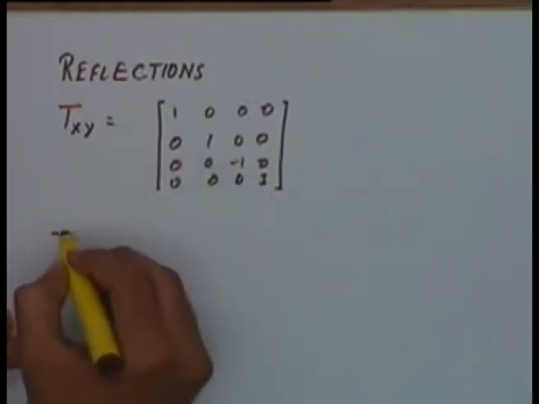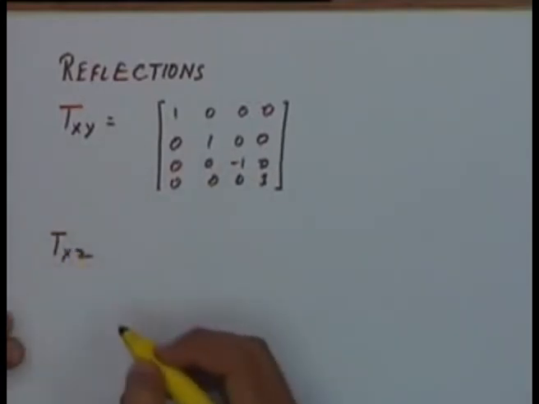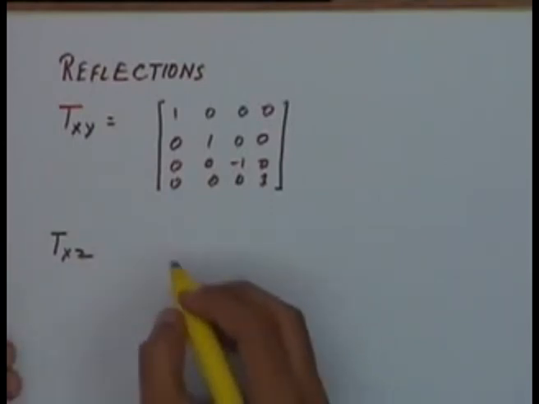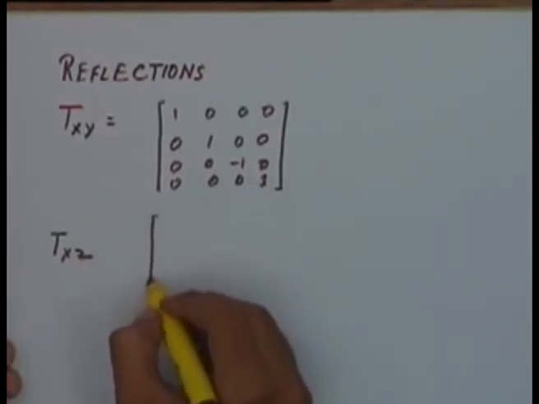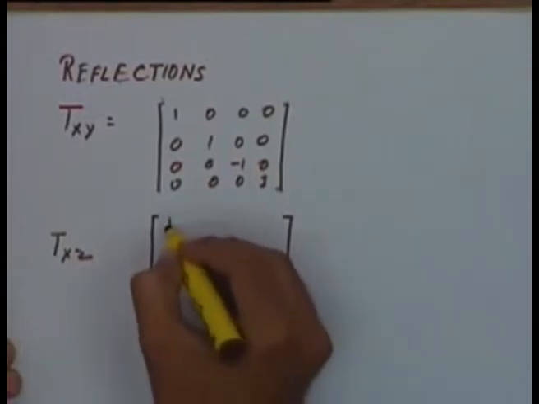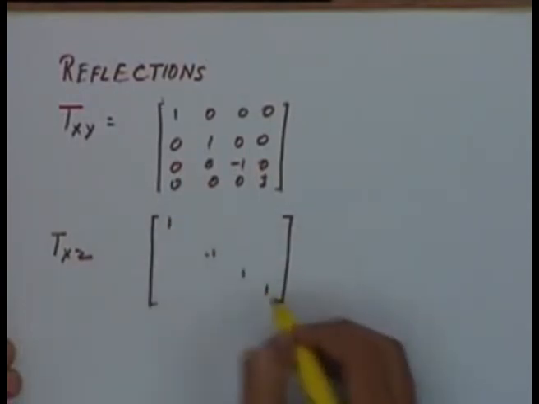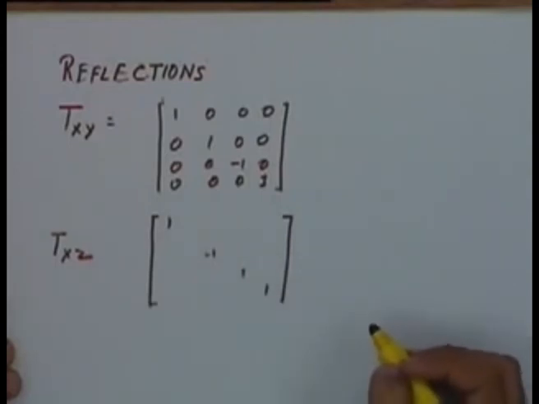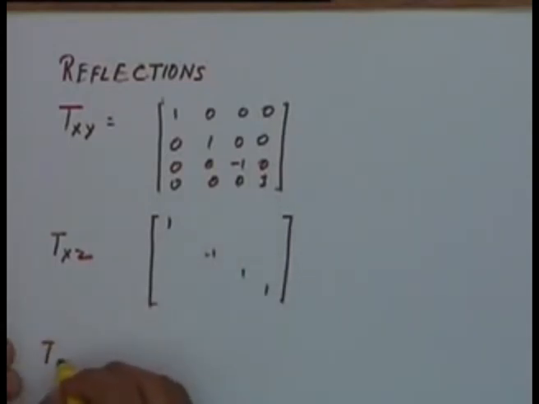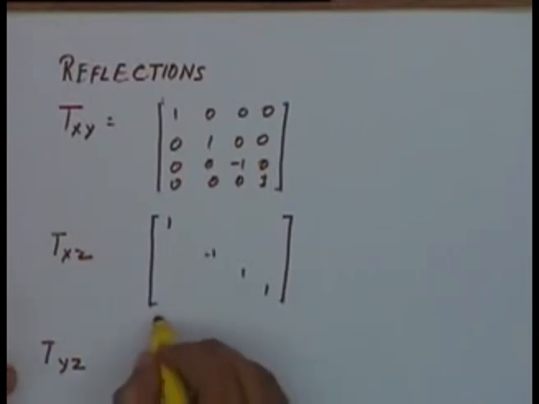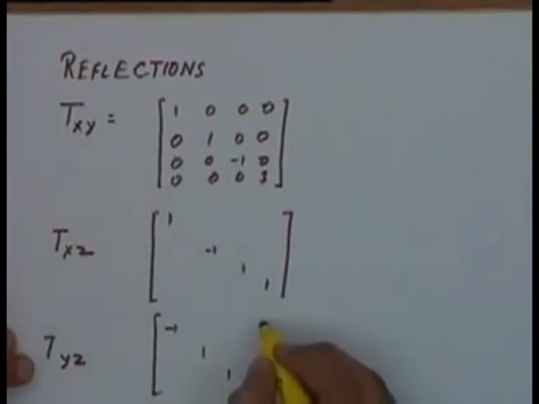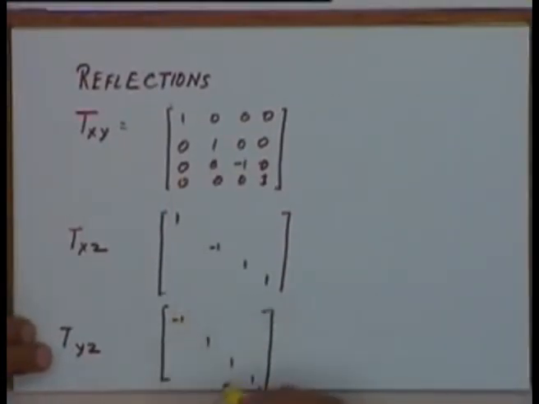Similarly, if you want to reflect about the xz plane, the y value will become negative. So for that, 1, minus 1, 1, 1. All the others will be 0. If you want to reflect about the yz plane, we will have minus 1, 1, 1, 1. All the others will be 0.